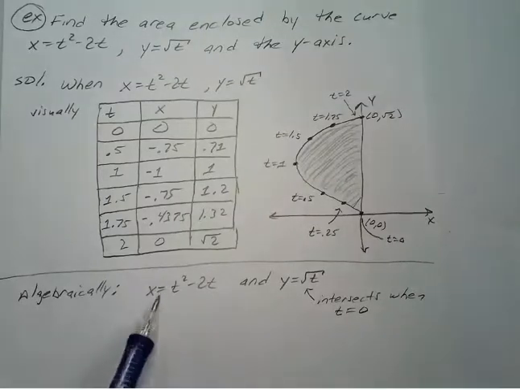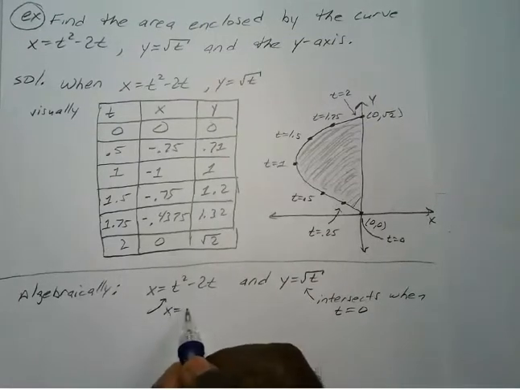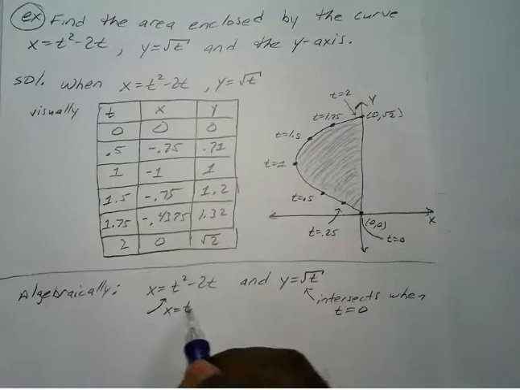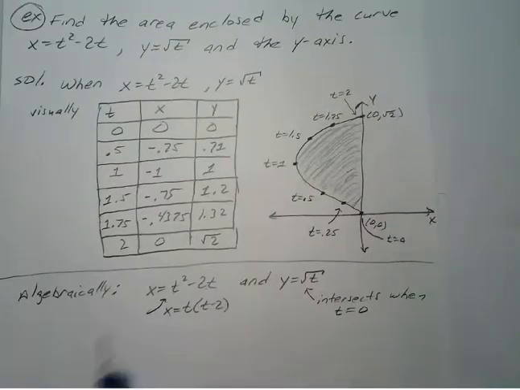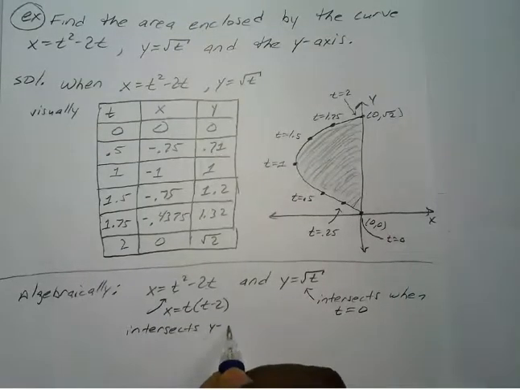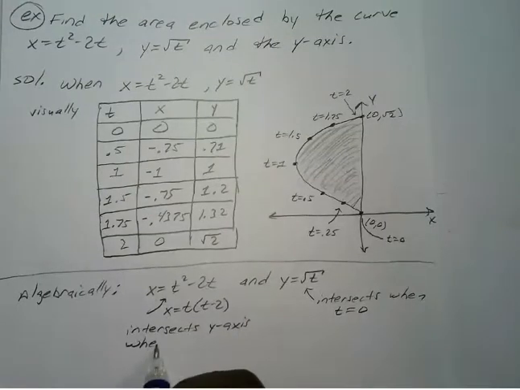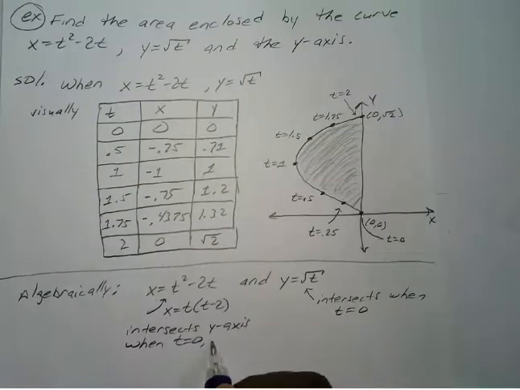But we can see that x intersects the y-axis if you factor out the t, t minus 2 equals 0, when t equals 0 and t equals 2.